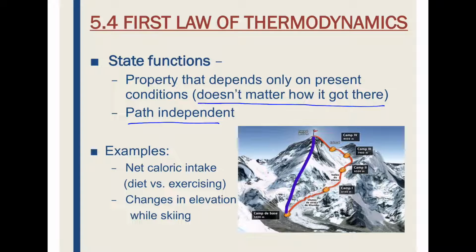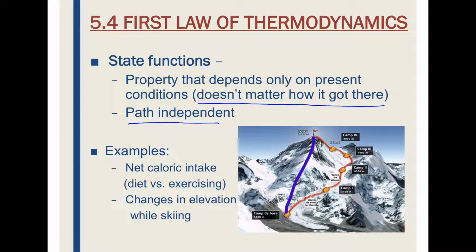Now if we were looking at the net or overall change in elevation, even though these two paths, the blue and the red, are very different, the overall change in elevation will be the same from here to here, whether you took the blue path or the red path. So we could say that in this case, change in elevation is a state function. It was independent of the path. You still only cared about the initial and the final conditions.